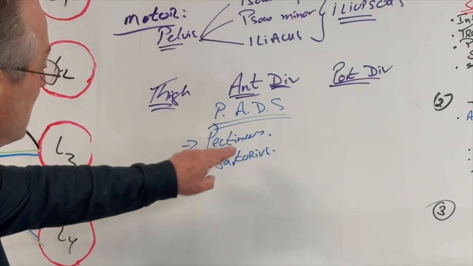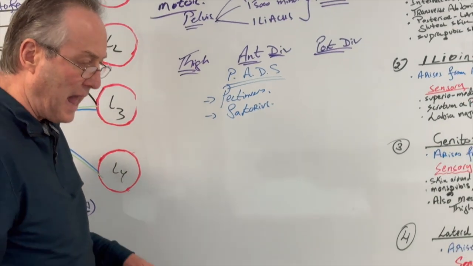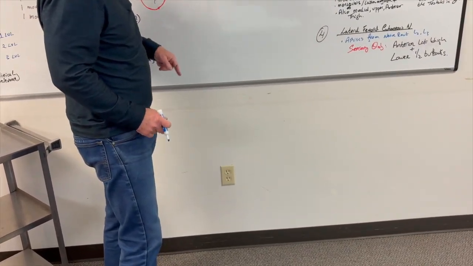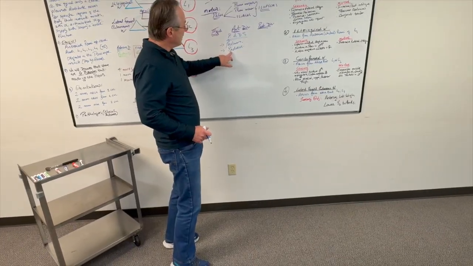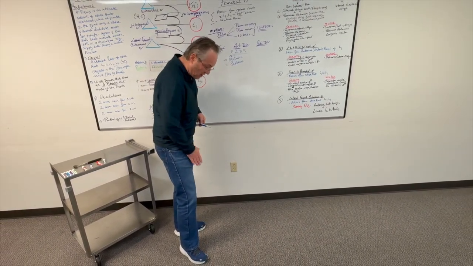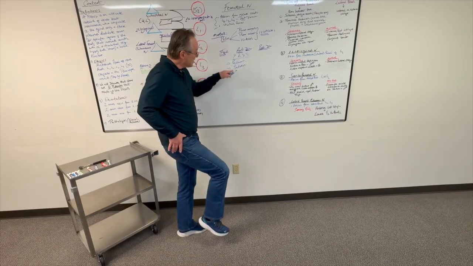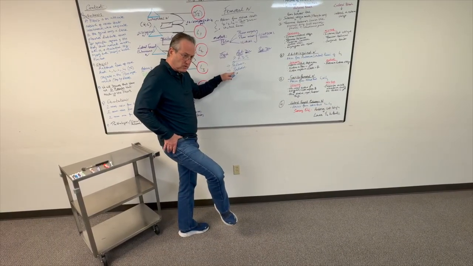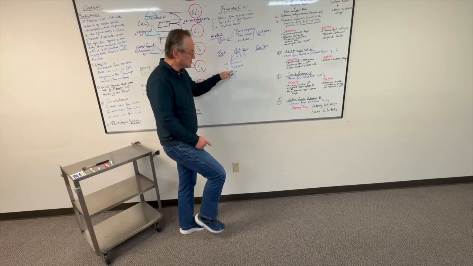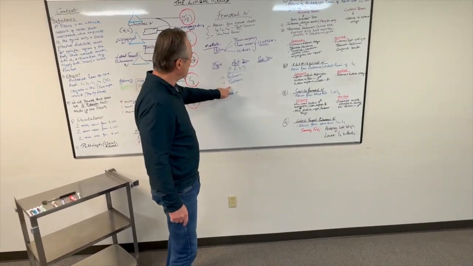Okay, the pectineus helps in adduction, flexion, internal rotation of the hip. The sartorius starts at the anterior superior iliac spine and runs diagonally down. It flexes the hip, externally rotates the hip, but it flexes the knee and internally rotates the knee. Super important muscle.